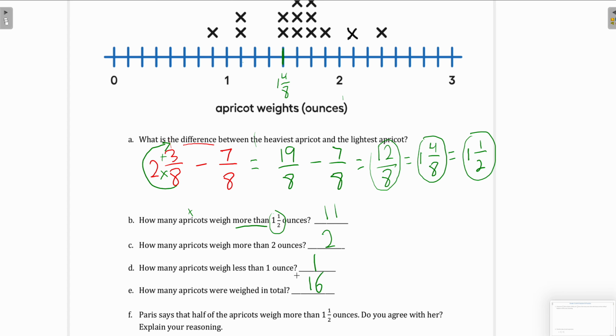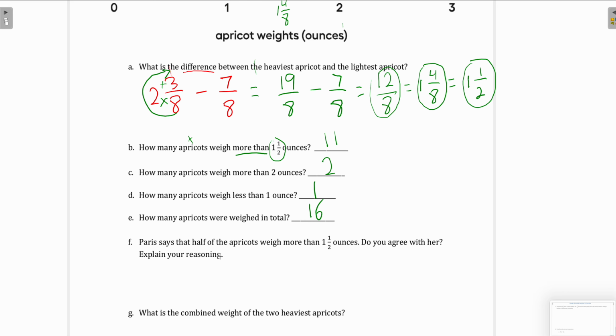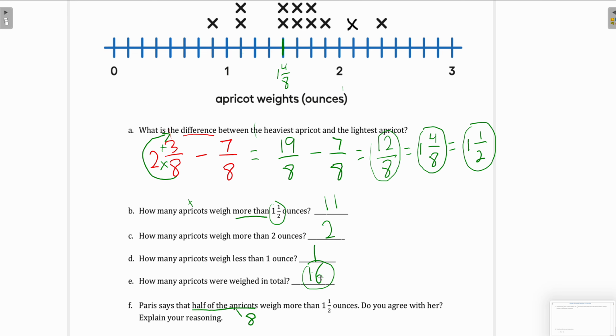So Paris says that half of the apricots, half. So remember that we said that there are 16 apricots in total, right? What is half of the apricots? So half of the apricots means 8 apricots. So Paris says that 8 apricots weigh more than 1.5 ounces. Do you agree with her? Well, let's verify that.